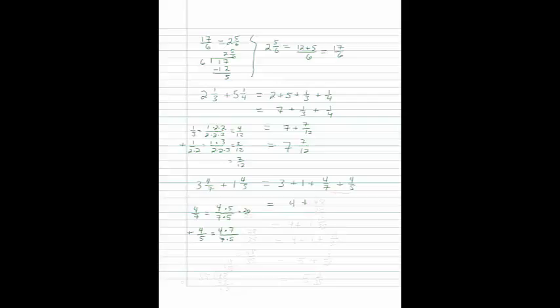This is 20 over 35. And this is 28 over 35. So if you add those together, 20 plus 28, that gives me 48 over 35. So 4/7 plus 4/5 is going to give us 48 over 35.